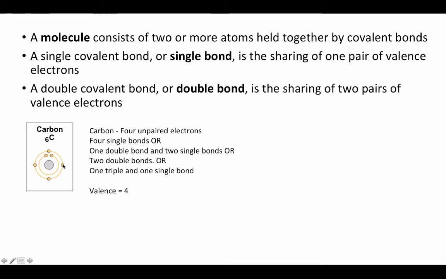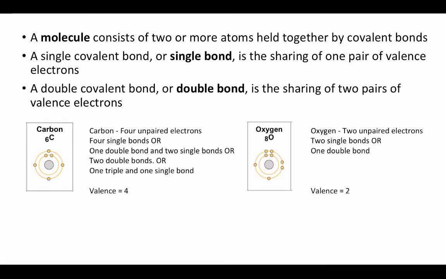So carbon can form either 4 single bonds, 1 double bond and 2 single bonds, or 2 double bonds, or rarely a triple bond and a single bond. And so we say that carbon has a valence of 4. It has a bonding capability of making 4 bonds in any combination of single or double bonds.